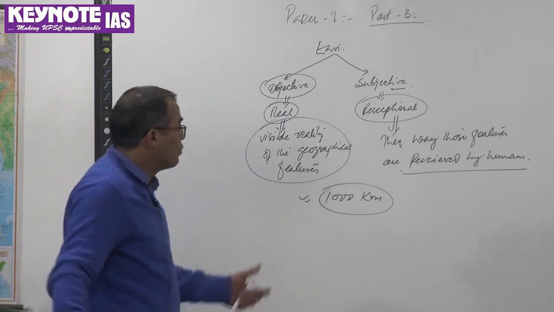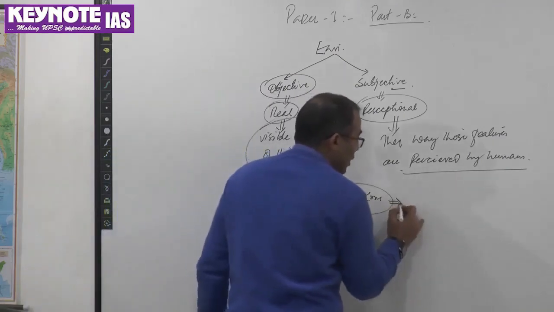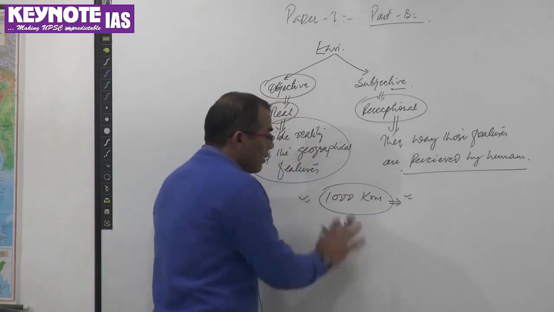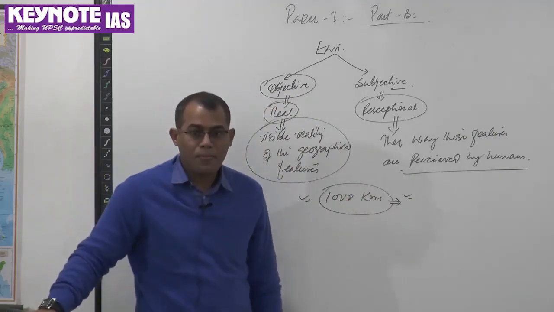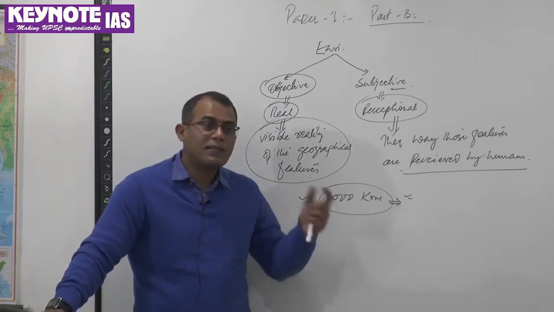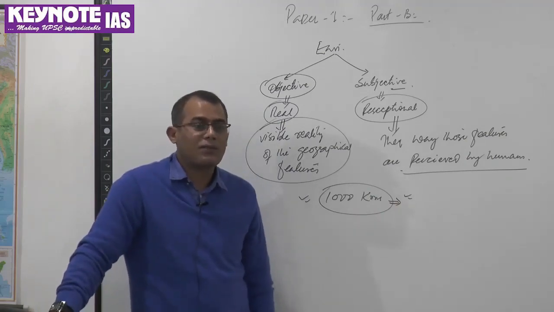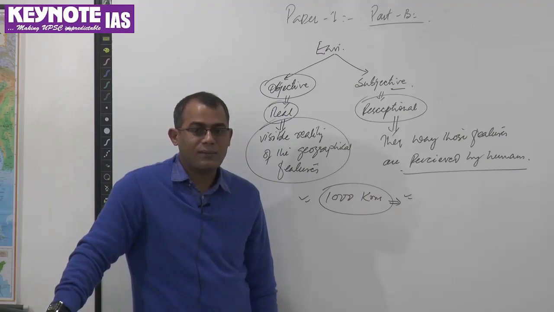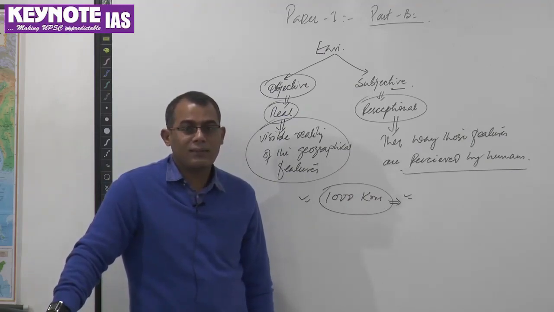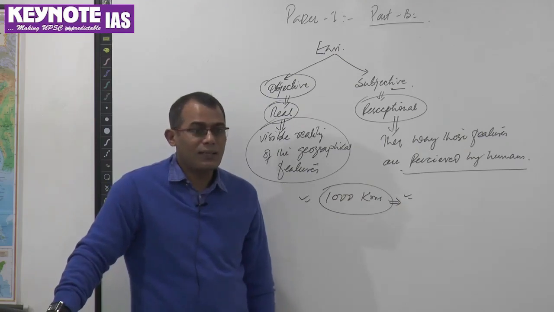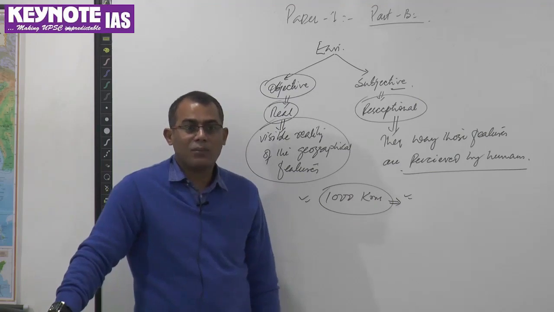So let's say suppose if you're talking about the physical distance of 1000 kilometer, that remains a physical reality for every society. Right? Imagine the physical distance of 1000 kilometer for a tribal society, an American society, Indian society, the poor people, let's say suppose a labor, an Ambani.